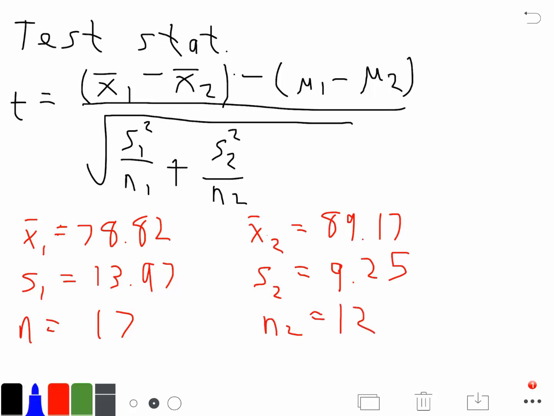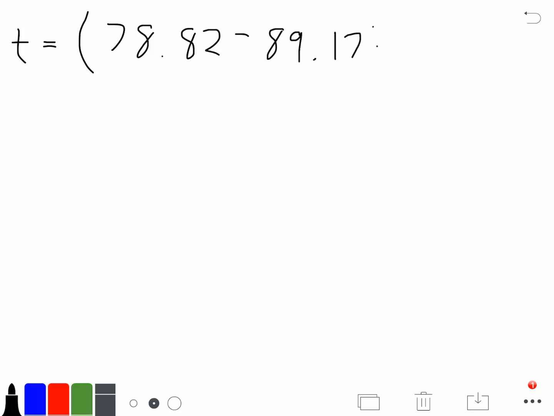Now that we know our values, let's plug them in. And remember, to get these, they weren't directly given to us. We had to use the calculator. So on this new page, when we plug these in, we get t equals 78.82 minus 89.17 minus 0.